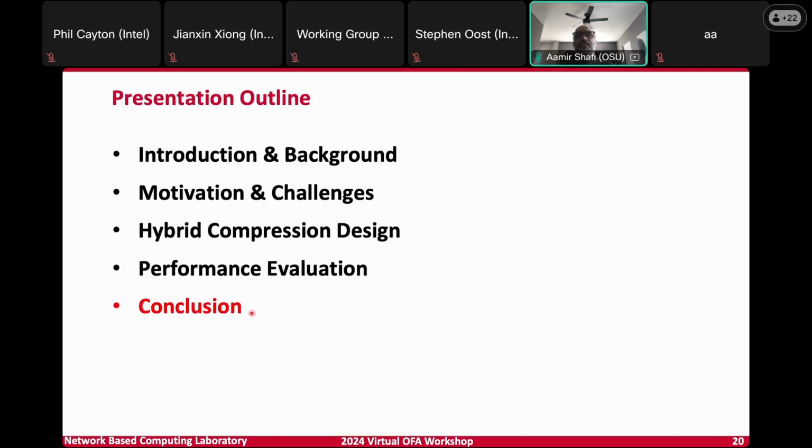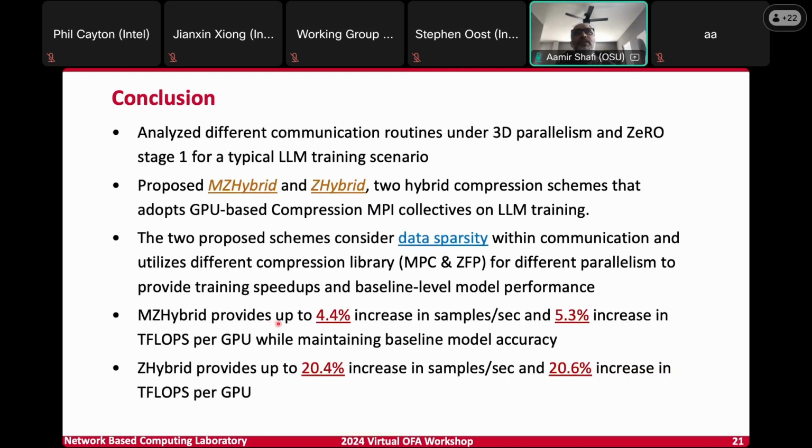Right. So with this, I'll move towards concluding my talk. In this work, we analyze different communication routines used by 3D parallelism approaches and ZeRO stage one, which is now a typical training scenario. And we propose two approaches called MZ hybrid and Z hybrid.